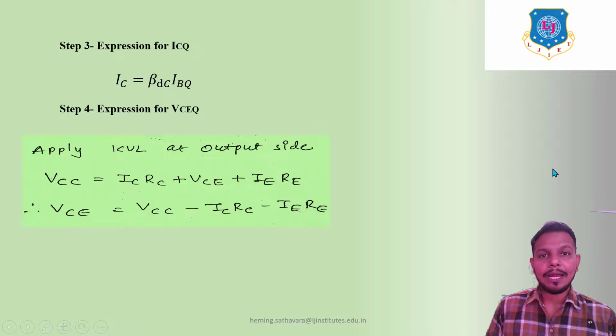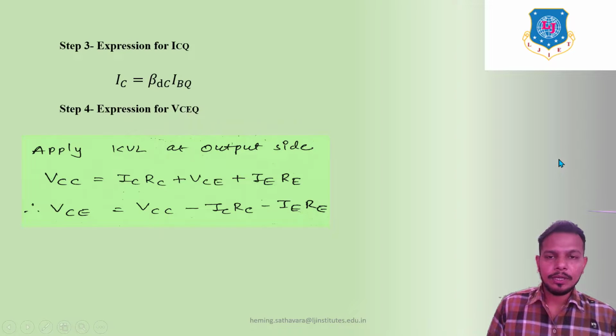For that we have to apply Kirchhoff's voltage law at the output side. VCC is equal to ICRC plus VCE plus IERE. VCE is equal to VCC minus ICRC minus IERE. That will be your final expression for the VCEQ.